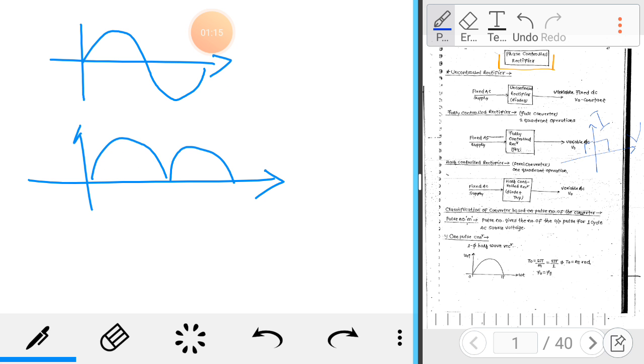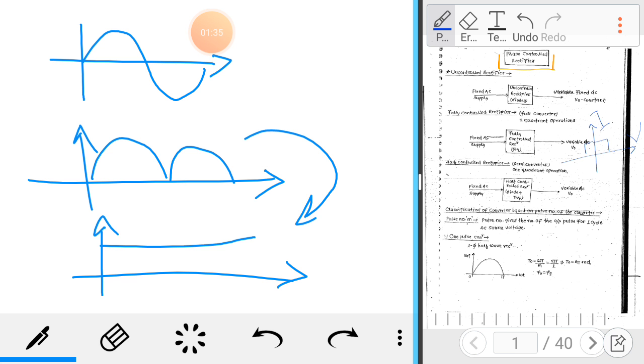But what is desirable is a constant DC waveform, which we have to achieve by using filters in the later stages. So the phase control rectifiers are not capable of generating a constant DC magnitude output waveform, resulting in a pulsating waveform which consists of harmonics.